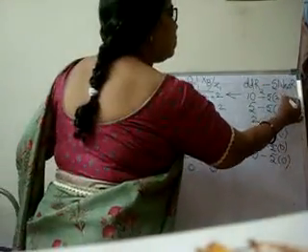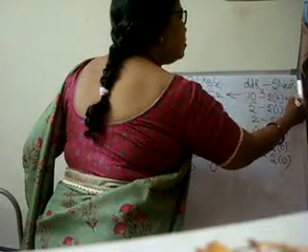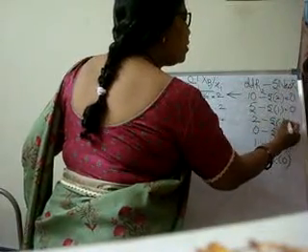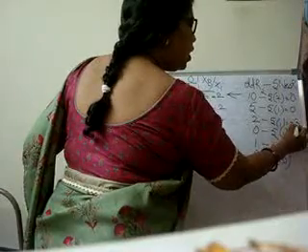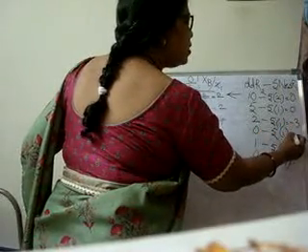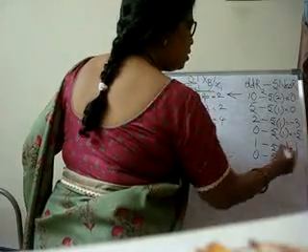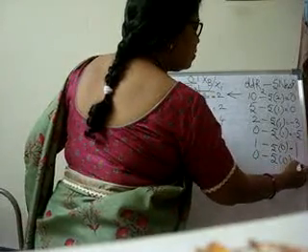Now you see, 10 minus 10, 0, 5 minus 5, 0, 2 minus 5, it is minus 3, and 0 minus 5, it is minus 5, 1 minus 0, it is 1, 1 minus 0, it is 0.